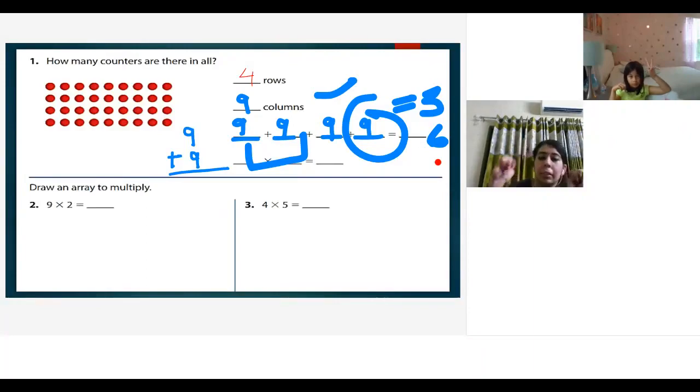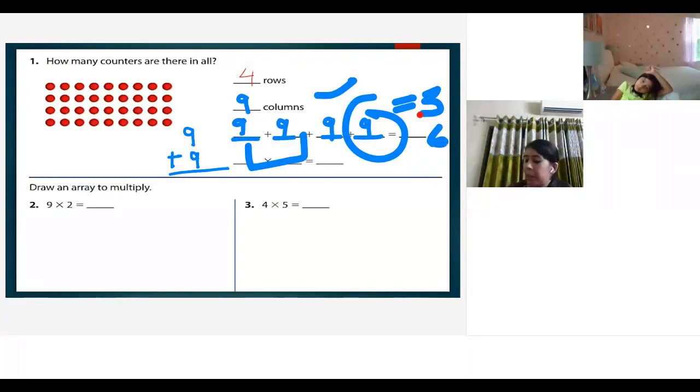Okay. Now 2 9s I have taken. Now again take the third 9. Start from 18. 19, 20, 21, 22, 23, 24, 25, 26, 27.